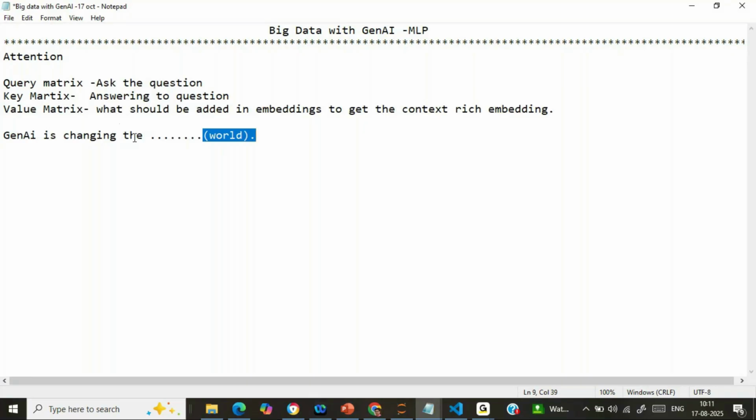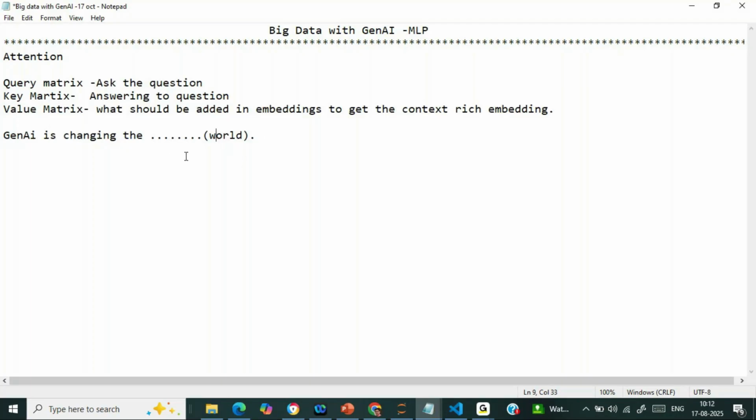Until this particular token is having the context of the entire stuff given prior to this, it will not be able to predict the next word. I will never be able to predict the next word.